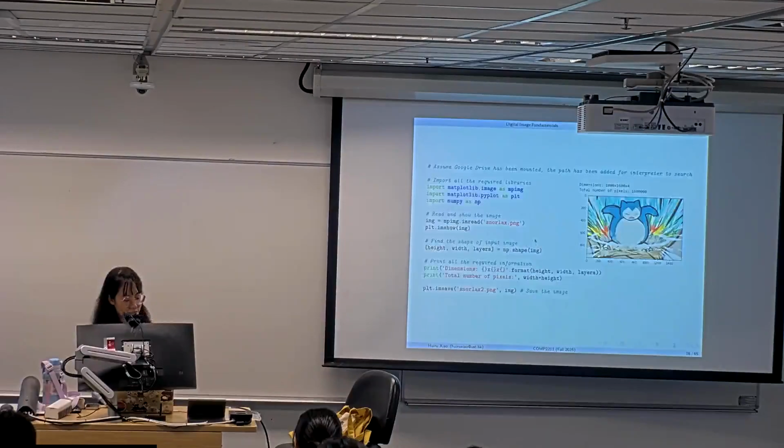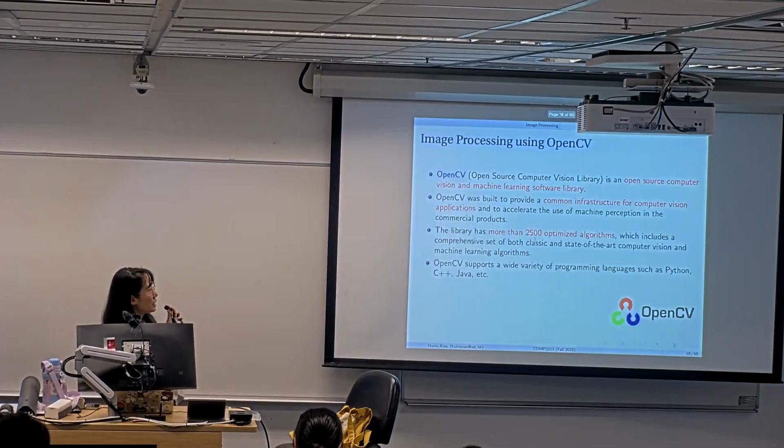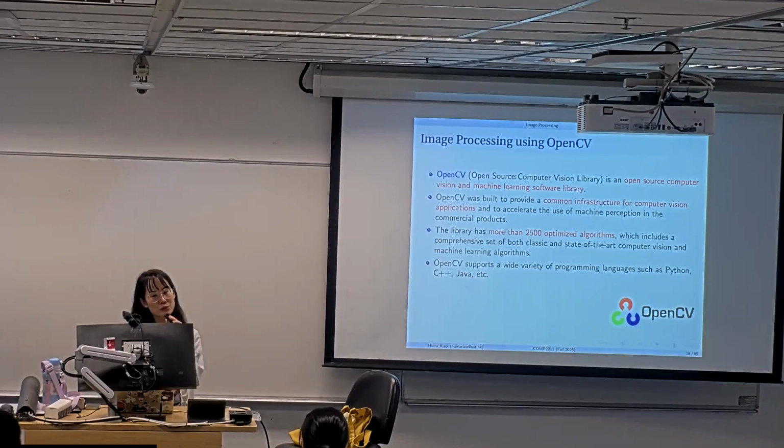Then we can start to learn some image processing, because now we already know how to access images. The first thing I would like to introduce is a library, OpenCV. Later on, almost all the image processing we won't implement from scratch.